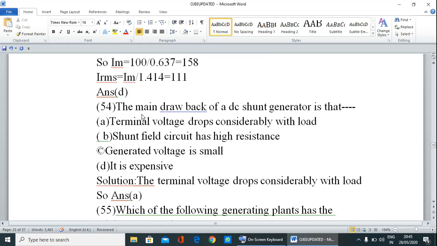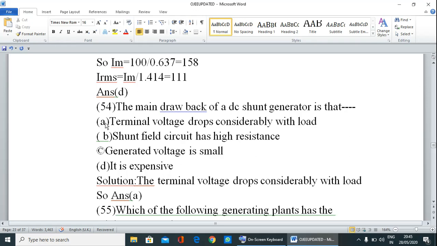Next question. The main drawback of a DC shunt generator is that the terminal voltage drops considerably with load; shunt field circuit has high resistance; generated voltage is small; it is expensive.